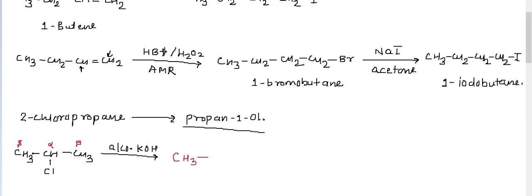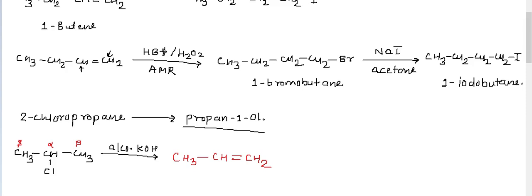So let's do this. CH3. Now I'm not going to write halogen over here on the alpha carbon, and I'm going to remove the hydrogen from this right-hand side beta carbon. So now I have to write a double bond between two carbons, because we have removed one hydrogen and halogen. So we have got this alkene.